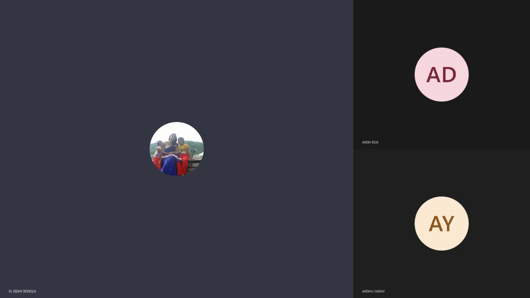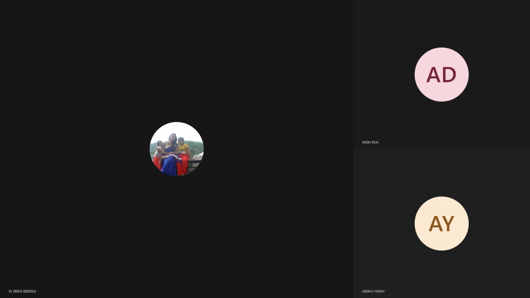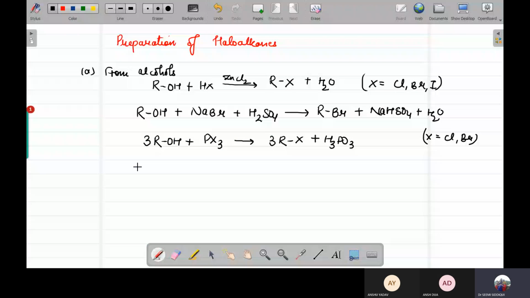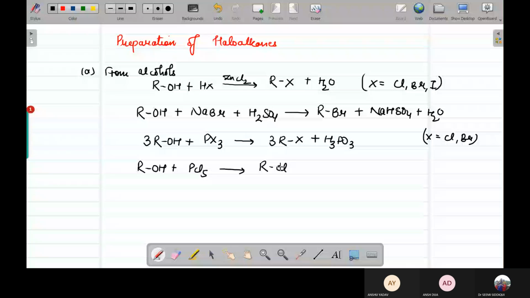Now, over here, what is going to happen? We have an alcohol, making it react with PCl5, to get a haloalkane plus POCl3 and HCl.